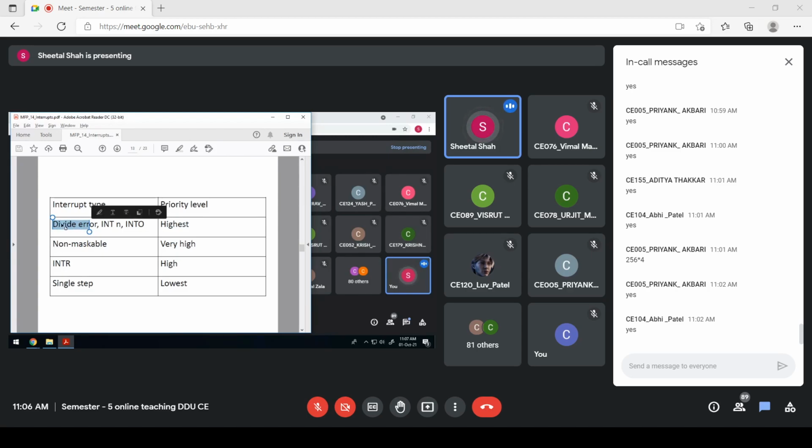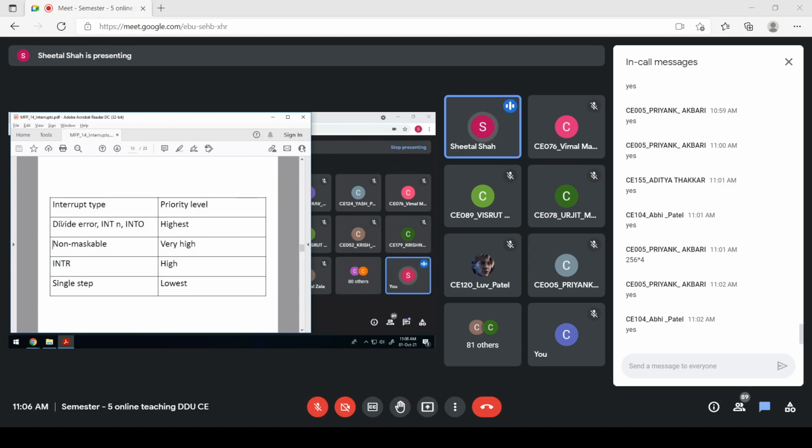So what does this indicate? Even though the divide error has the highest priority, the non-maskable interrupt occurs when it is very crucial and we cannot delay any operation. You cannot mask it or disable it. So you may assume that it should have the highest priority.